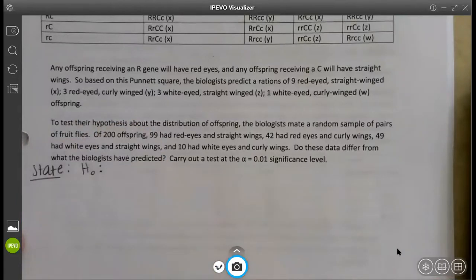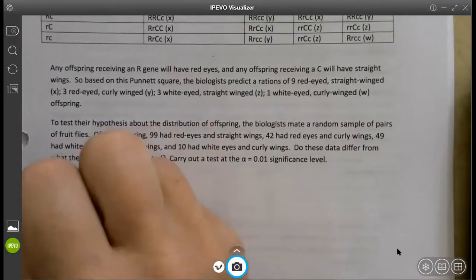All right, what's your null hypothesis? Read it right here. Do these data differ from what the biologists have predicted? So what is your null? What the biologists predicted.